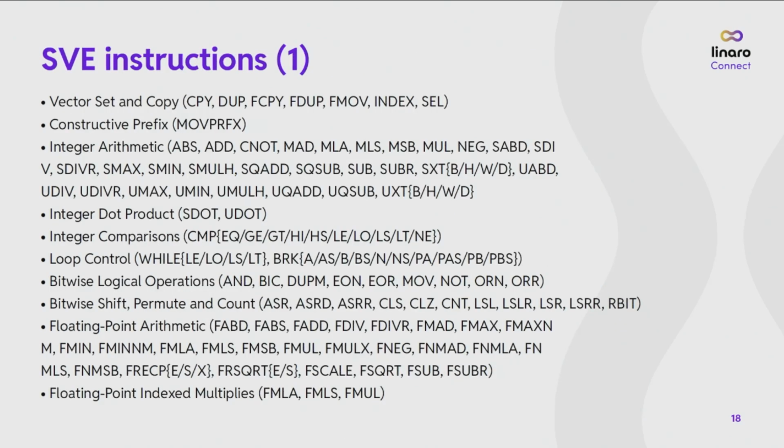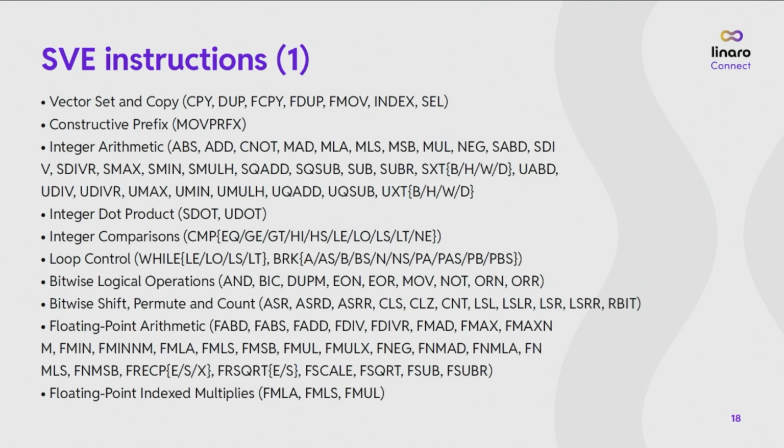And then we have some examples of SVE instructions. There's a lot of them, different variations: arithmetic logic instructions, move instructions, bitwise shift, permute and count instructions, floating point instructions.